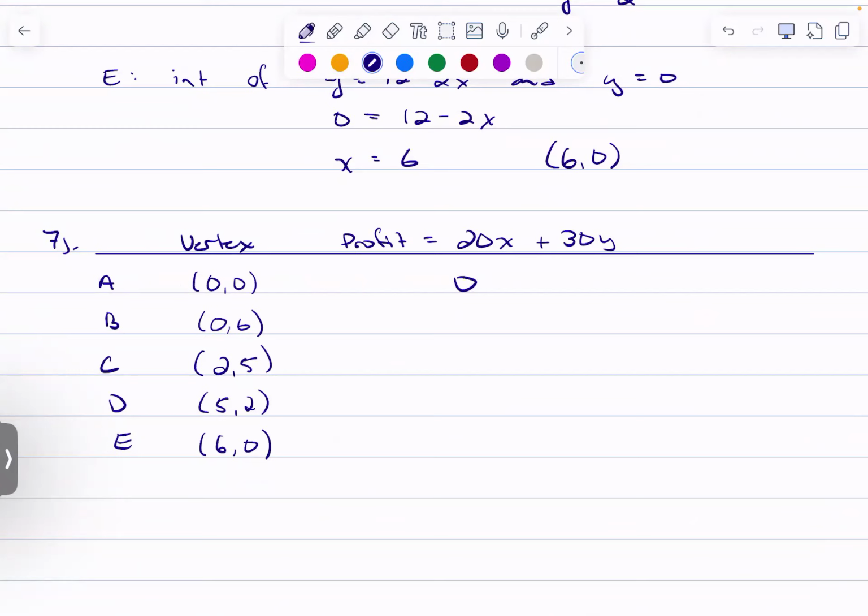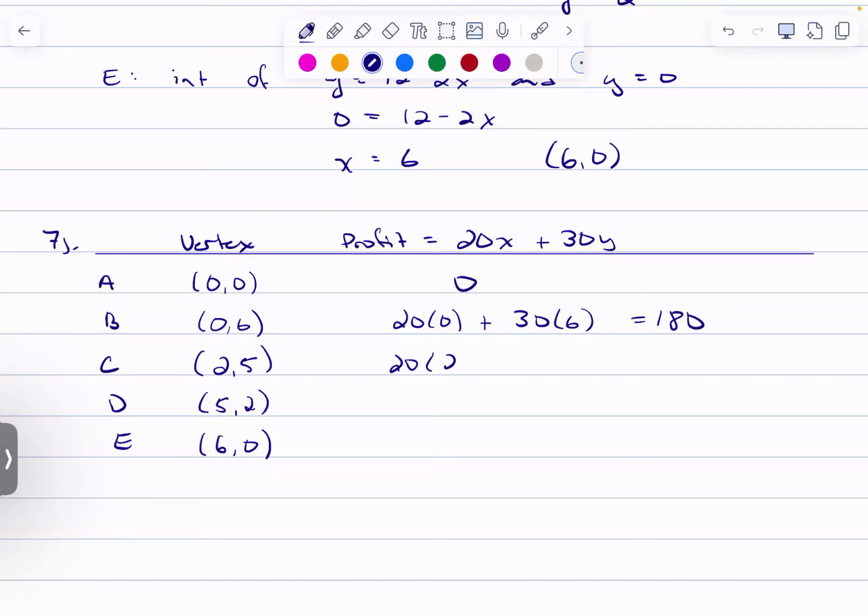That's probably bad. I don't want that. If x is 0 and y is 6, I get 20 times 0 plus 30 times 6, which could be 180. Yeah, thank you.